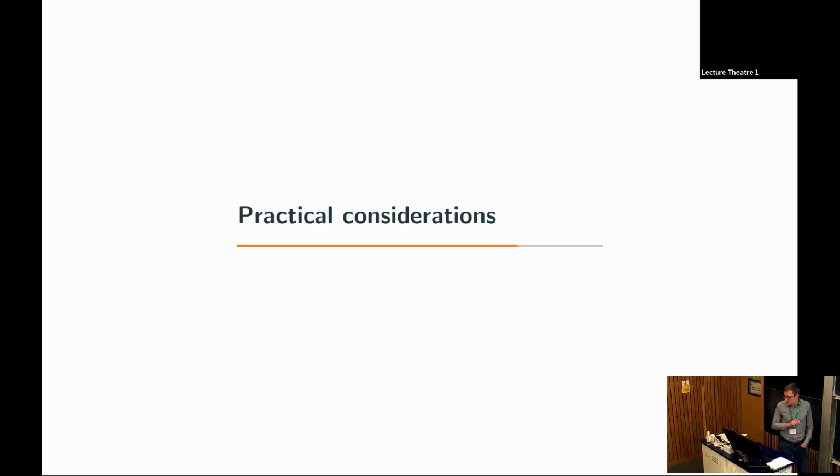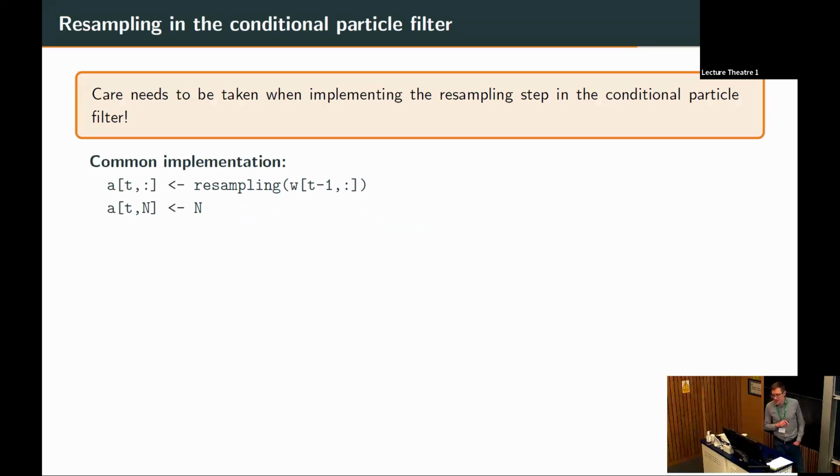Okay, some practical considerations and also extensions, I should say. But maybe one thing, if you want to implement this yourself, is that you need to be a little bit careful when implementing the resampling step if you have this conditional particle filter.